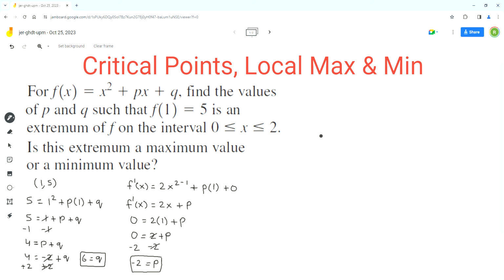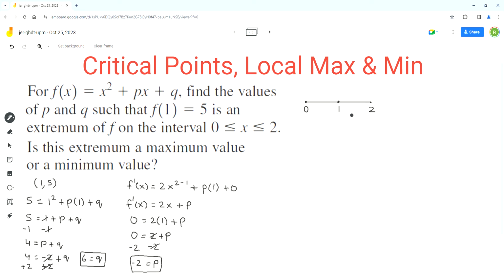So we can draw a number line, and we are given that the interval or the domain for this function is 0 to 2, and we have to find whether the extremum point, which is at x equals 1, is a maximum or minimum value. So this extremum point divides this number line into two parts.